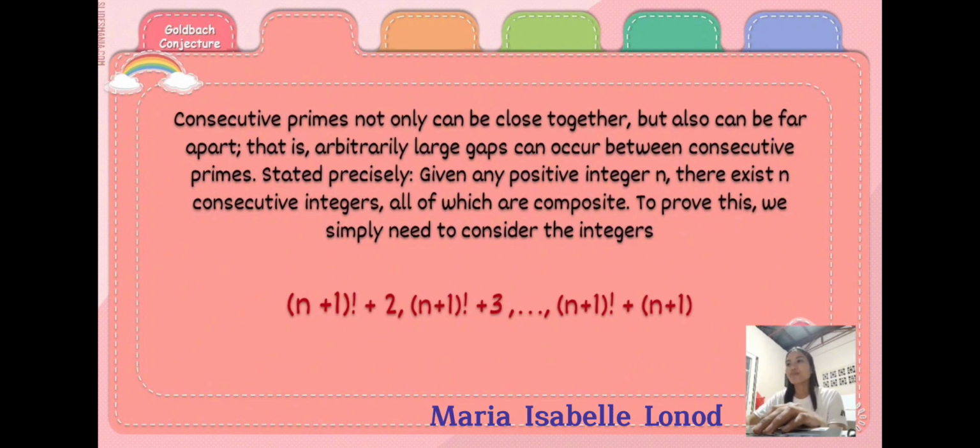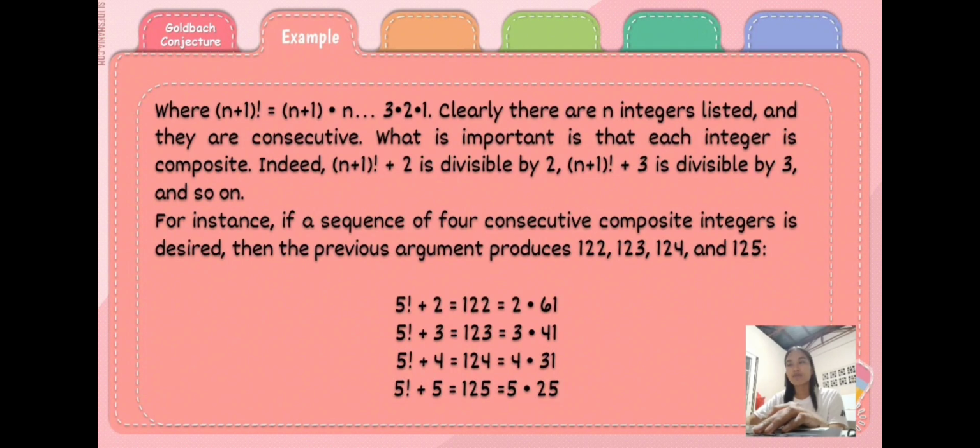Here, (n plus 1) factorial is equal to (n plus 1) times n times and so on down to 3 times 2 times 1. Clearly, there are n integers listed and they are consecutive. What is important is that each integer is composite.